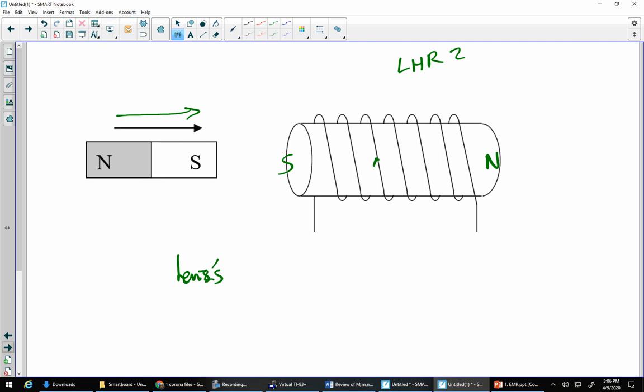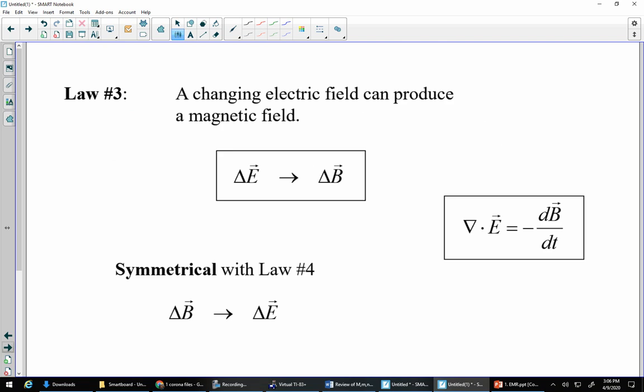My fingers should be going up and then into the page on top. So yeah, that's the thing that I'm doing. I'm making the current move, right? And if you figured this out with left hand rule number 2, you're good to go from last unit. But we are making those charges move by changing the magnetic field.